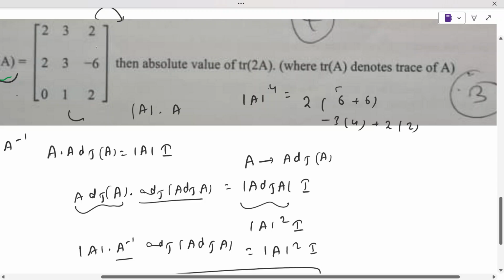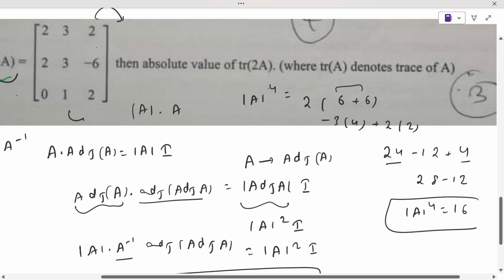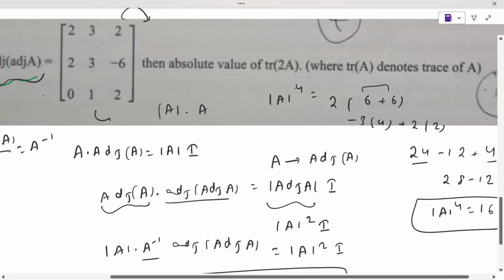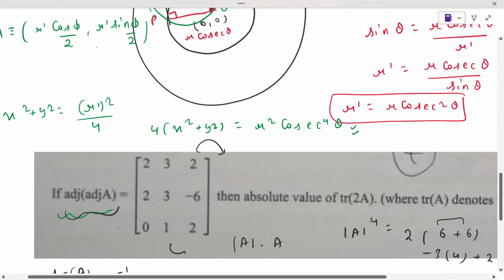There is 12 into 24: 24 minus 12 plus 4, then 24, 20, rest 28. 28 minus 12 is, I guess, 16, right? So mod A power 4 is coming out to be 16, so mod A will be 2. So mod A into A is 2, 3, minus 6, that is 0, 1. And mod A is what? Isn't it 2 or minus 2?